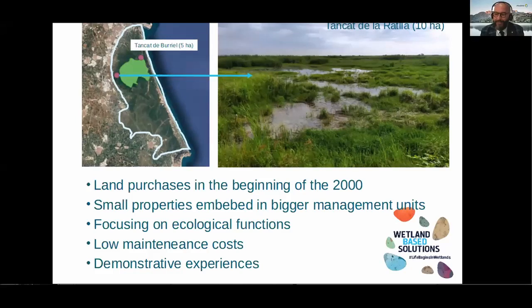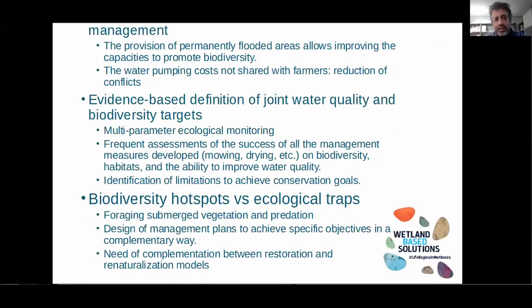Okay. So the lessons we learned, first of all, is that we have to focus on complete rice field community management. Focusing on small rice fields is very complicated because several conflicts arise with farmers, mainly with the water pumping. So managing a complete community is better.